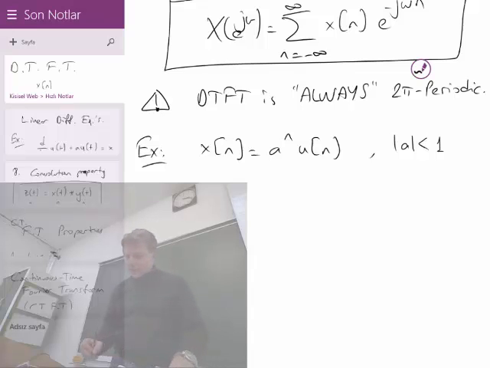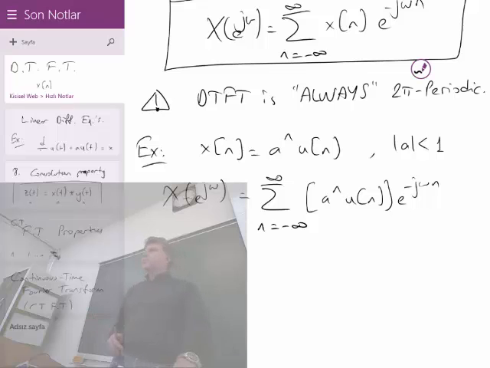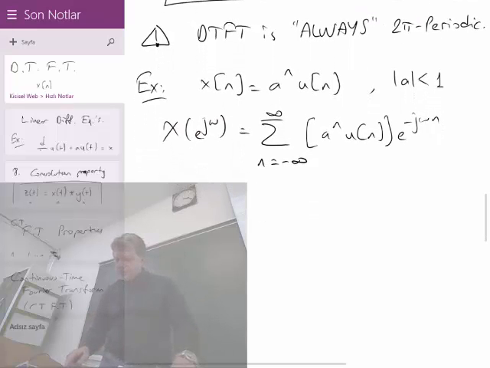What is the discrete time Fourier transform? It's from the formula. Capital X of e to the j omega is equal to summation n from minus infinity to infinity. Inside it, I write x of n, which is a to the n u of n, and then I put e to the minus j omega n. That was the formula for the Fourier transform.